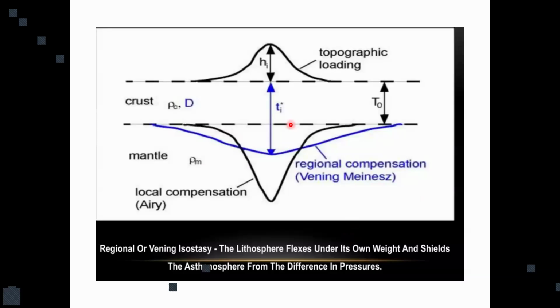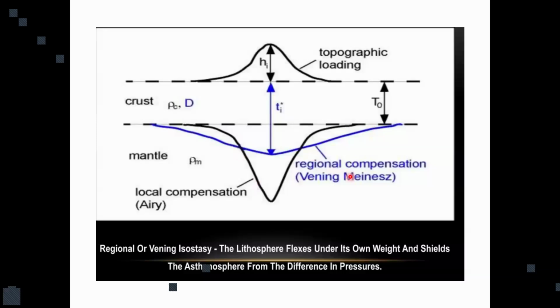Unlike the Airy model, in which if you have a mountain, the base or the root will mirror what is on the surface, just like this black one. If it is an Airy model, the root will be like this black figure here.